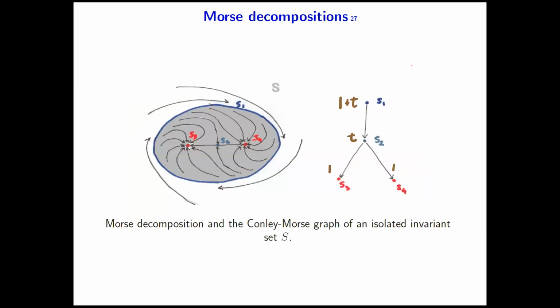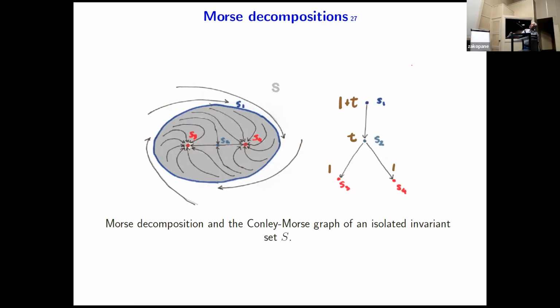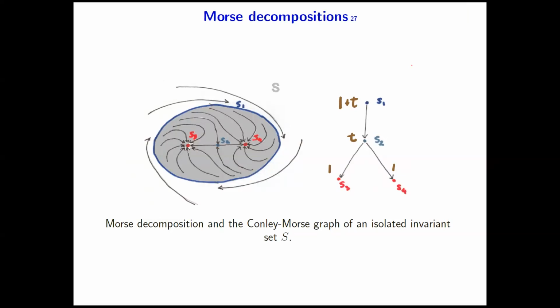And so here is an example in classical case, very simple example. So the invariant set is just this disk and everything inside. This is our S. The Morse decomposition consists of the periodic trajectory here and 3 stationary points. This is the so-called Conley-Morse graph with the Conley indices as labels.